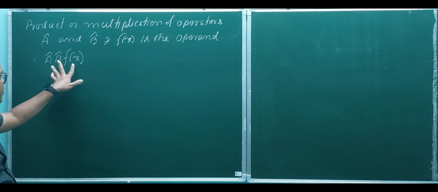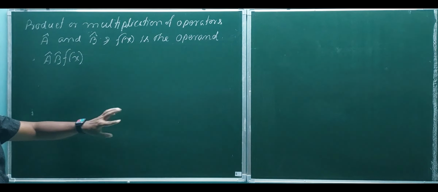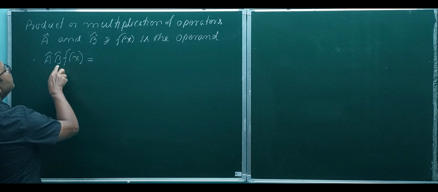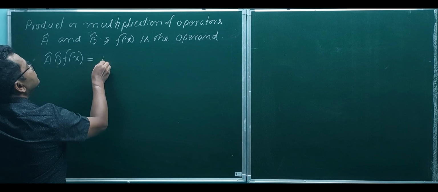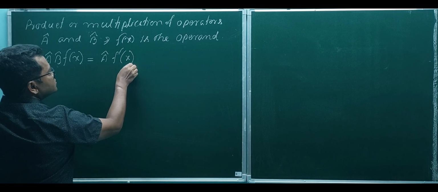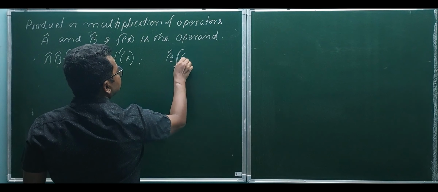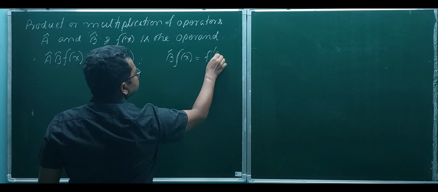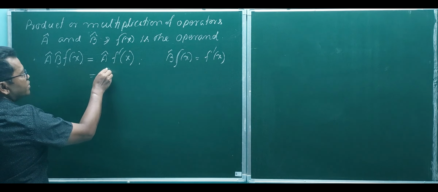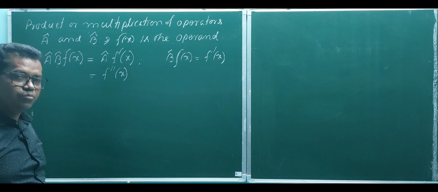First B produces one result, then A. That is, when B cap operates on f(x) it gives a result, say f dash x. Now this f dash x will be operated by A cap, giving our final result f double dash x. So this is defined as multiplication of operators.